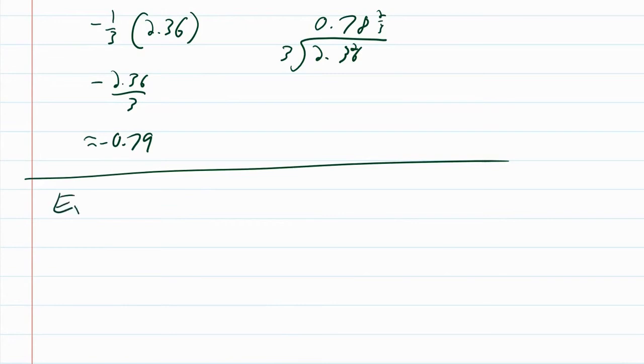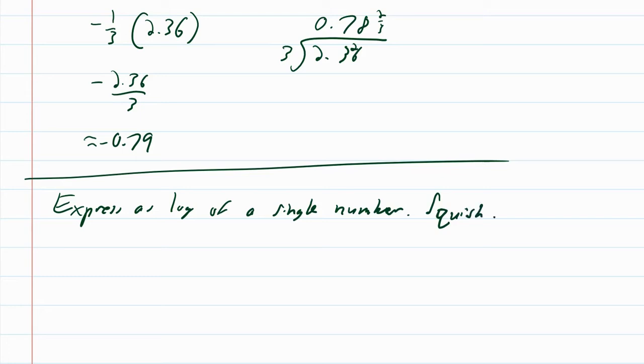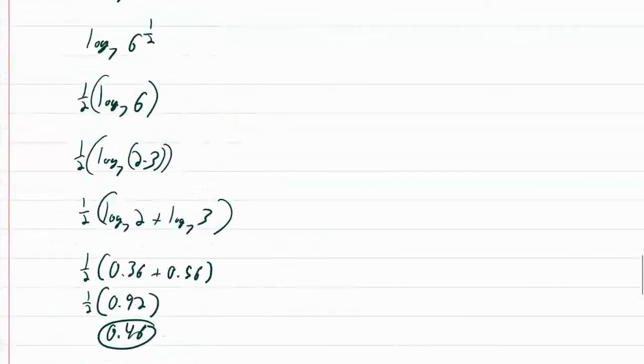Okay, next direction set, we're going to express as a log of a single number. So I like to think of these direction sets as squish. Bring everything together back. This is the opposite of what we've been doing.